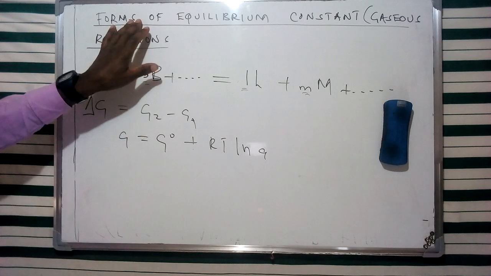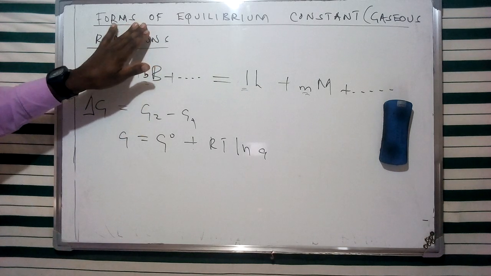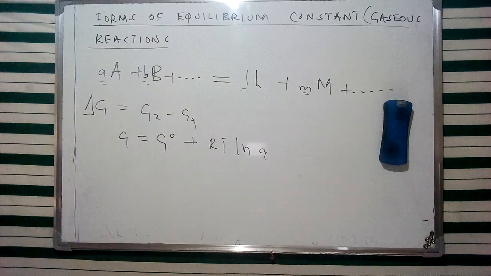Therefore, in this discussion today, we're going to find a form of equilibrium constant that we can describe in terms of partial pressure and concentration.